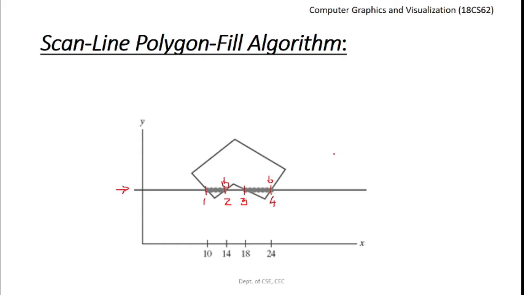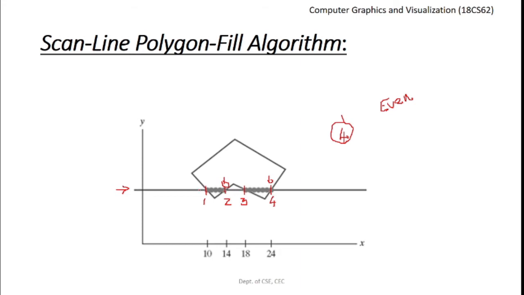In this particular scenario, the total number of edge intersections is 4, which is an even number. So remember, we always need to have an even total number of edge intersections with a given scanline. We have the first edge intersection here, the second, the third, and the fourth.